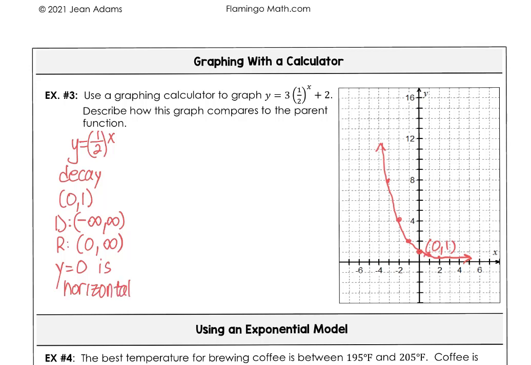Okay? So nothing's going to go below y equals 0. Asymptote, so you've got to spell it right: A-S-Y-M-P-T-O-T-E.